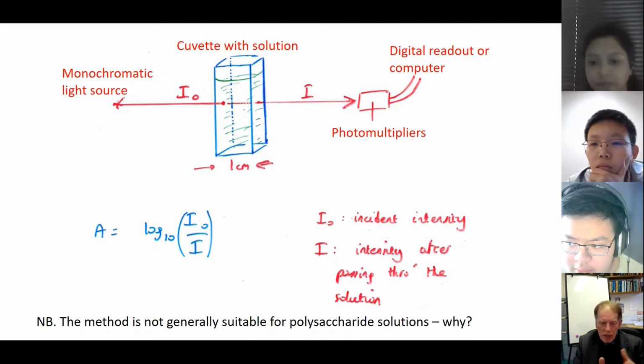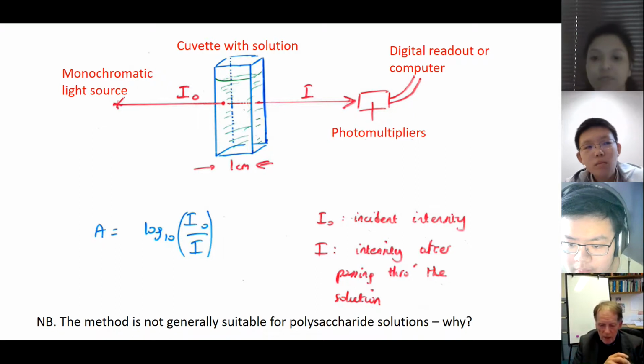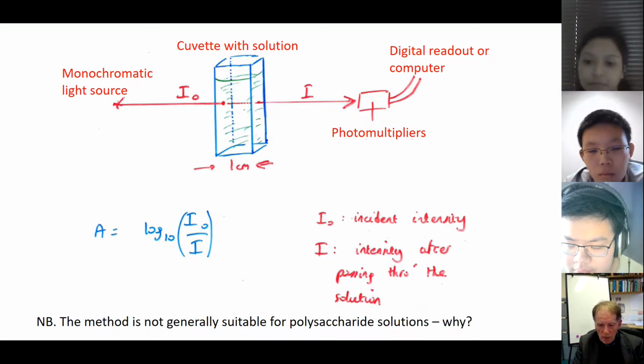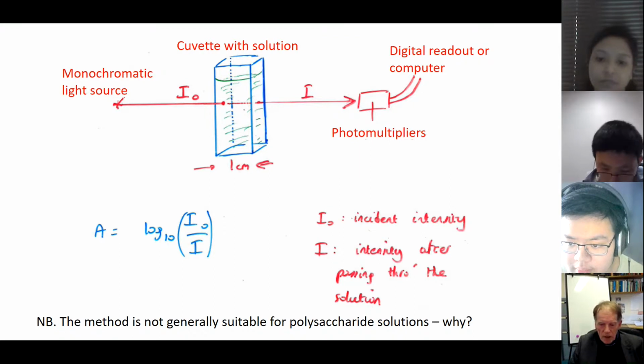You do that for nucleic acids down to 256 nanometers, but for polysaccharides you would need to go right down in wavelength to around 200 nanometers, and then you may run into problems of the presence of salt ions and other material in the solution, which could absorb. So in principle that's correct, but in practice it's not easy for polysaccharides.